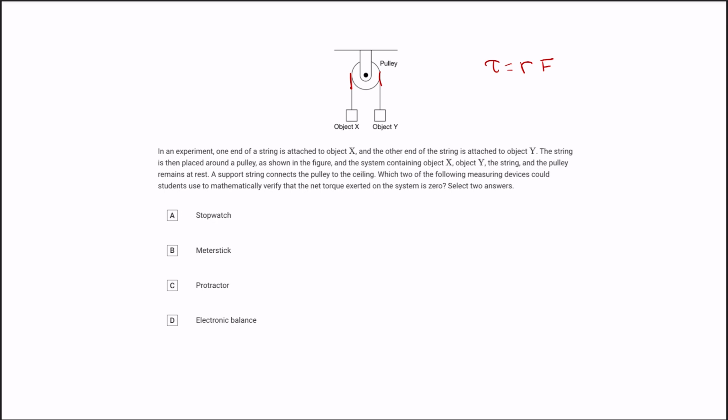We're dealing with right angles here. So torque is going to be equal to the radius of our pulley system times the force being applied, which in this case is mass times gravity. We know gravity, or we can at least assume that we know what gravity is. But what we don't know right now is how big the radius of the pulley system is, or the mass of the object. So we're going to need something to measure the mass of the object and also to measure the radius of the pulley system. To me, that's a meter stick and an electronic balance. Let's move on.